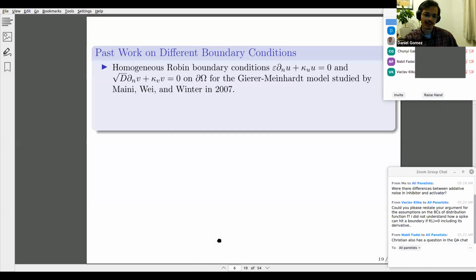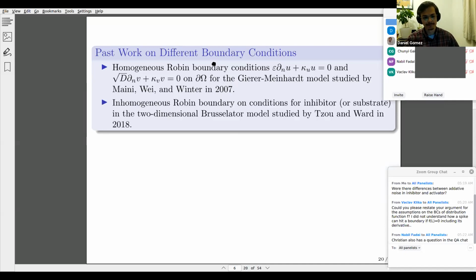So that's not to say that people haven't looked at it. In 2007, Maney, Wei, and Winter looked at spike solutions in the presence of homogeneous Robin boundary conditions. And there they found the presence of what were called near boundary spikes, and they were able to calculate certain rigorous stability results for that.